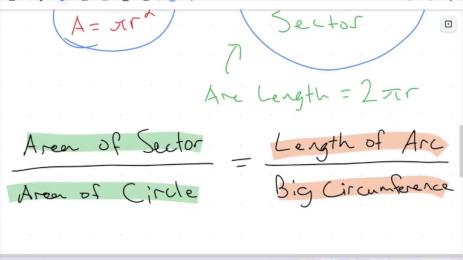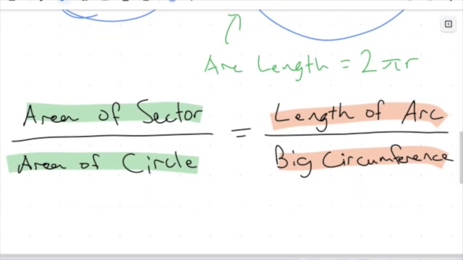So now we have something to play around with, because based on what we know about areas of sectors and arc lengths, these are the same fraction of the whole. So we can set up this little equation down here.